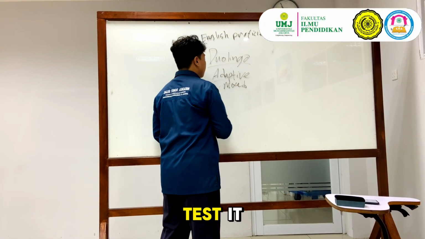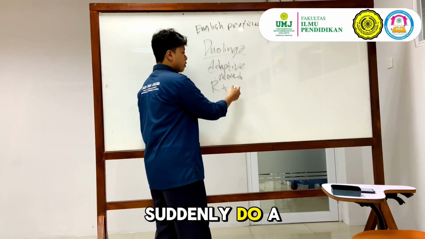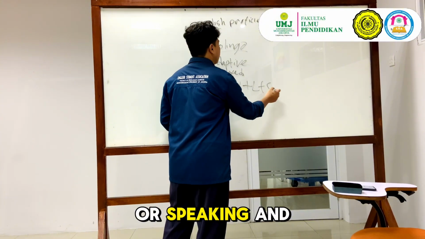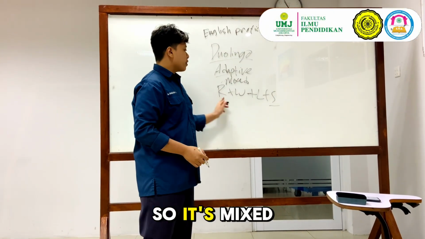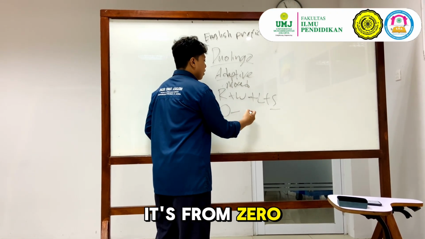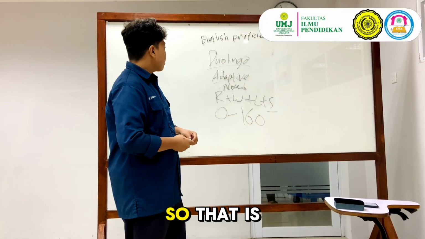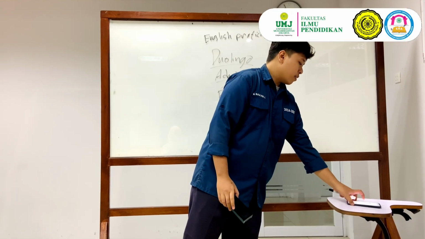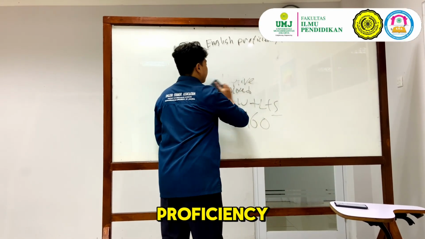When you take the test, you could be doing a reading test, and then you suddenly do a writing test, and then suddenly listening or speaking. And speaking, same as IELTS, they test you in person. So it's mixed, it's adaptive. And the score system is much simpler. It goes from 0 until a maximum score of 160. So that is all about the scoring system of these 4 types of English proficiency tests.